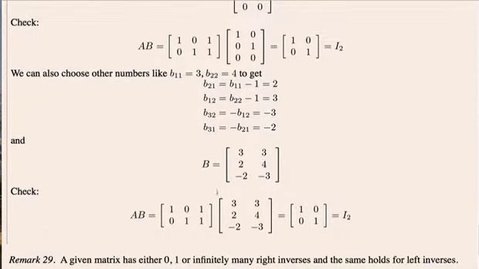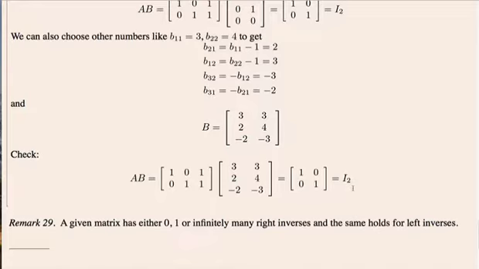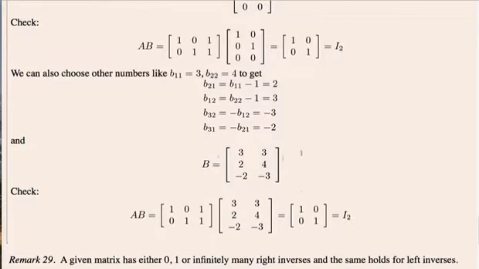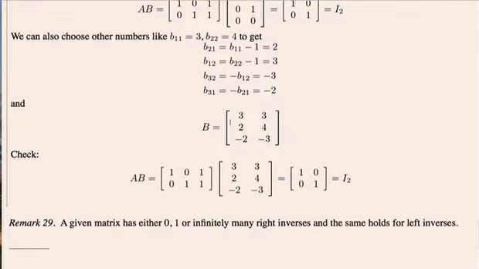But it turns out that if you multiply it out, A times B, again you get the identity matrix. In fact, in this case, since B11 and B22 are arbitrary, we have infinitely many choices. And this is true in general, that a given matrix has either 0, 1, or infinitely many right inverses and the same number of left inverses.